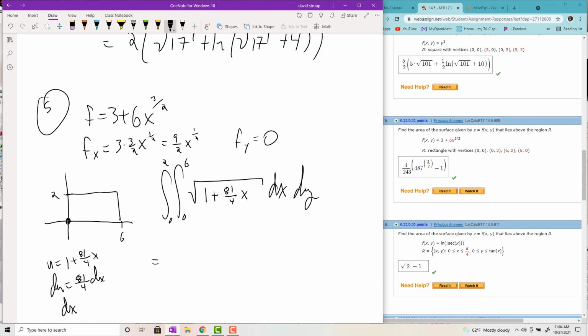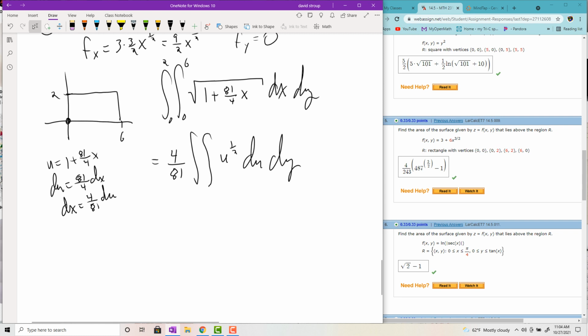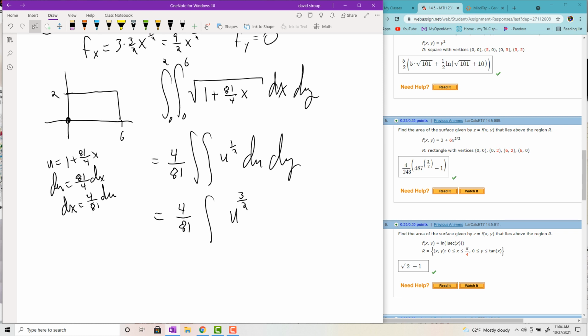And so I'm going to have this factor of 4 over 81 floating around. So I could factor that out of the integral, 4 over 81, integral of u to the 1 half du, and then our dy. So this will be 4 over 81. Integrating u to the 1 half, I get u to the 1 half plus 2 halves is 3 halves times 2/3.